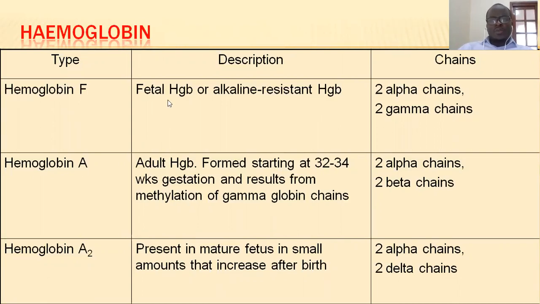Another type of hemoglobin found in the embryo: you have GOA1 and GOA2. Those are 2 different types of hemoglobin. The GOA2 has 2 alpha polypeptide chains and 2 epsilon.